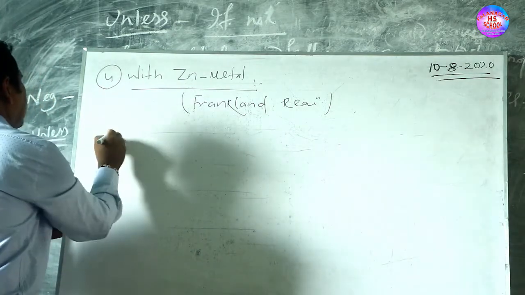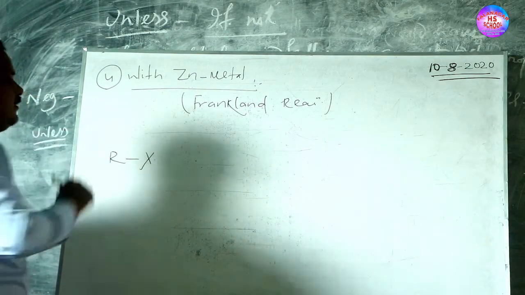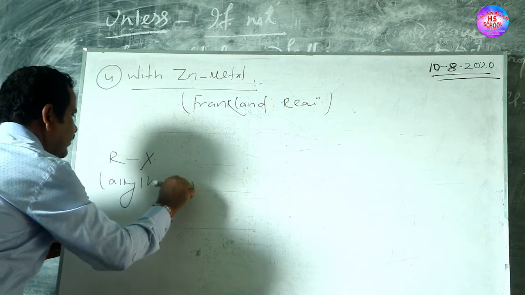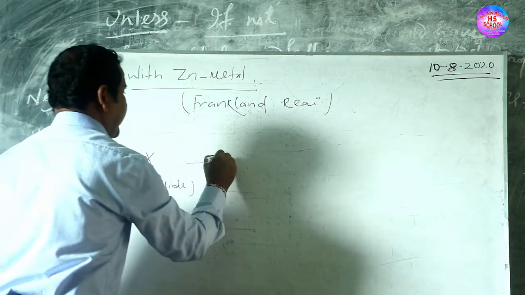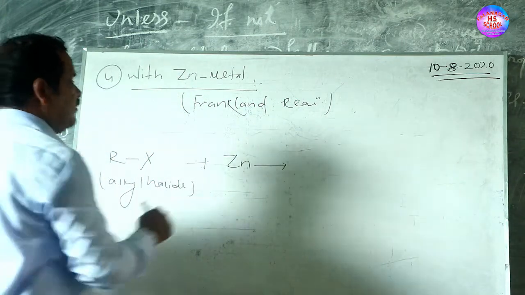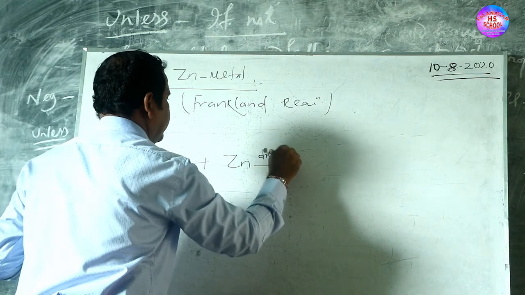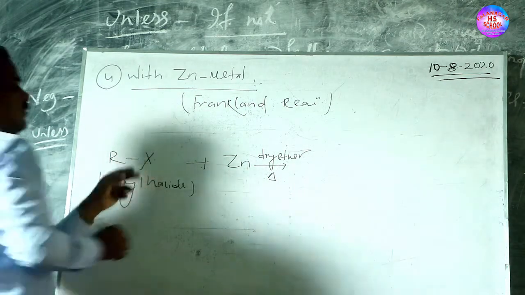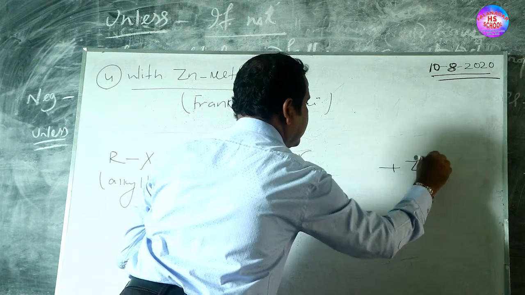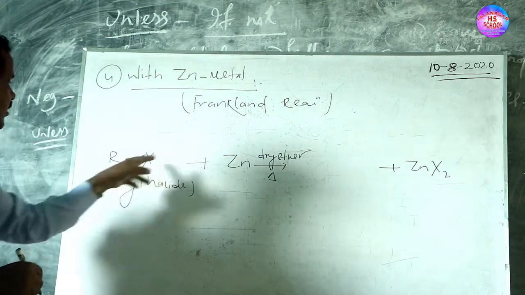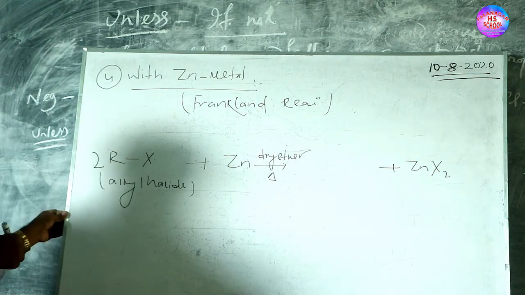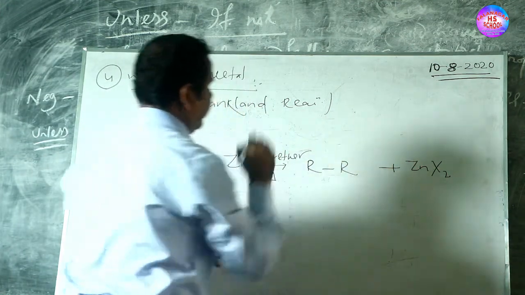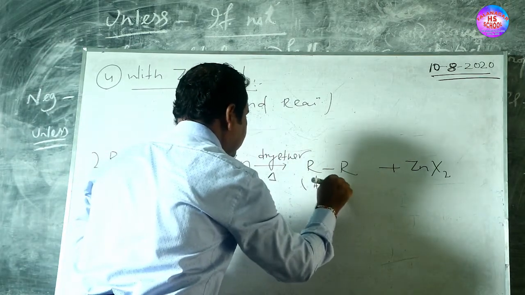So R single bond X, RX is called alkyl halide, plus zinc metal in presence of dry ether and heat, gives zinc halide, ZnX2, so we multiply by 2, plus R single bond R. This compound is called alkane.